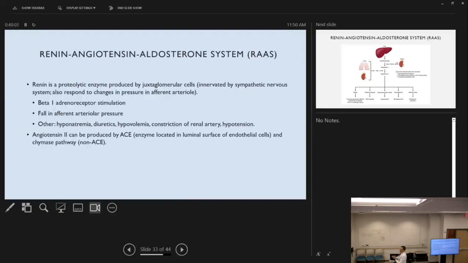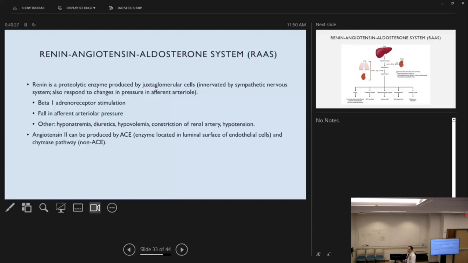It's a proteolytic enzyme: it takes a big protein and cuts it in pieces, producing one that is an active protein and another that is inactive or simply does something else. It is produced by the juxtaglomerular cells, which may produce renin in response to low pressure in the kidney or as a result of direct stimulation by the sympathetic nervous system.